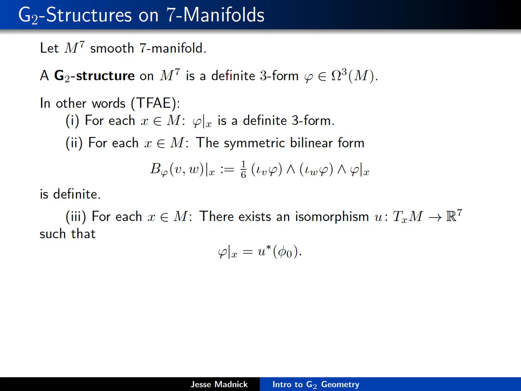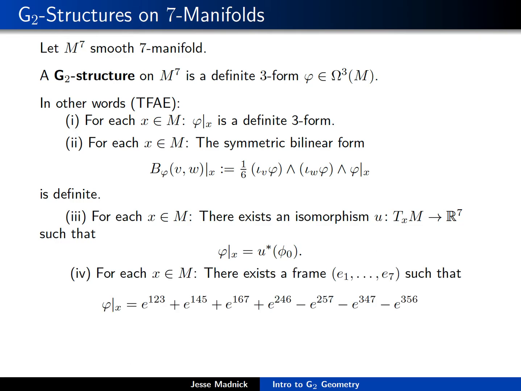You can say that a G2 structure is a 3-form such that at each point there's an isomorphism between the tangent space and R7, such that when you pull back the associative 3-form, the flat one, phi0, you get phi at x. Or yet another way of saying this: for each point there exists a frame at that point, such that phi written in terms of that frame is exactly the flat model.